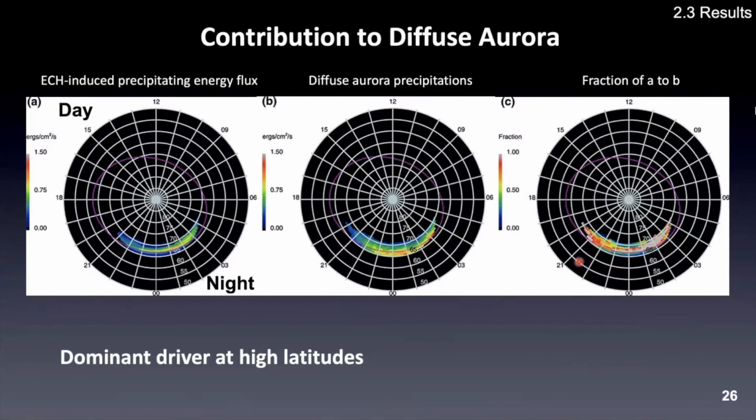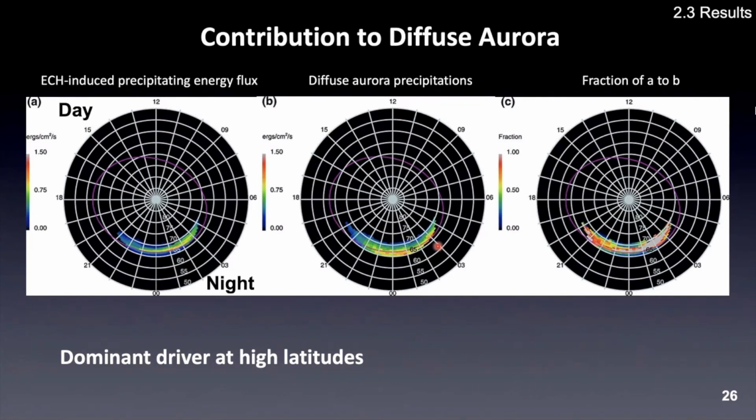Okay, yeah, sure. I suppose you are talking about this slide, right? This one is called the Ovation Prime model built by Newell et al. This model is an empirical model based on statistical data sets from the DMSP satellites, which directly measure the precipitating energy flux from the diffuse aurora perspective. This one only incorporates the diffuse aurora.